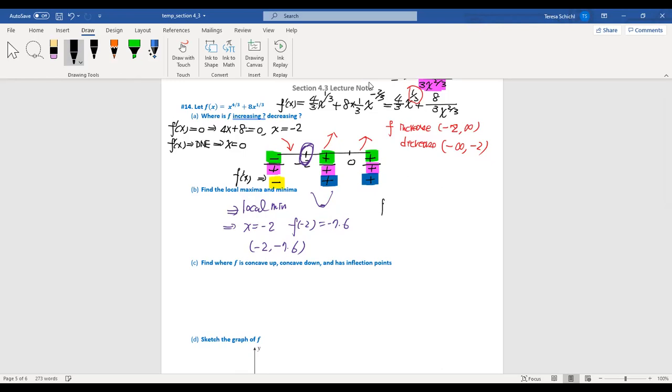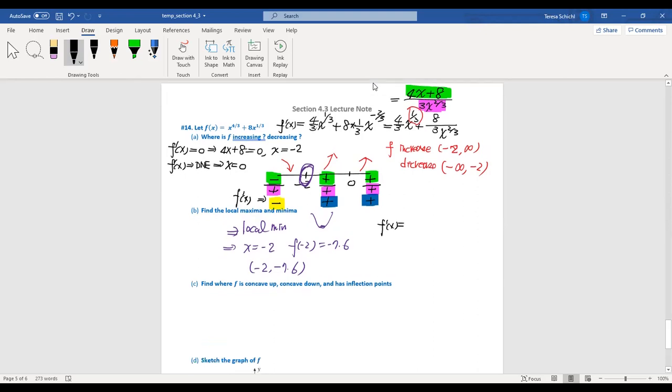The first derivative we did is f prime x equal to (4x plus 8) over 3 x to the 2/3 here. You can take the second derivative using the quotient rule, or if you want to use the product rule, you can say this is (4x plus 8) times 1/3 and then x to the -2/3 here.